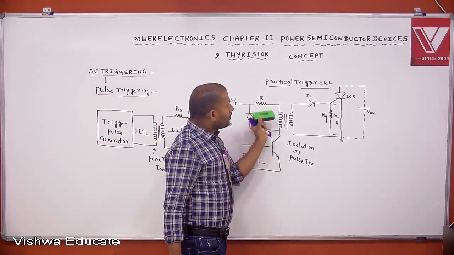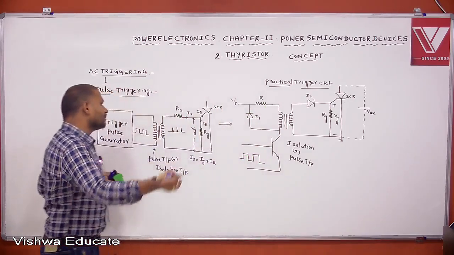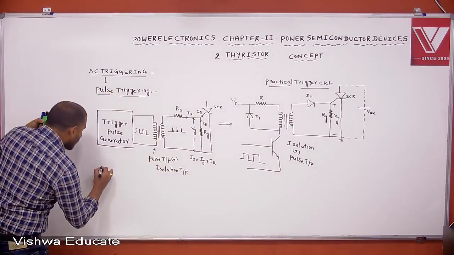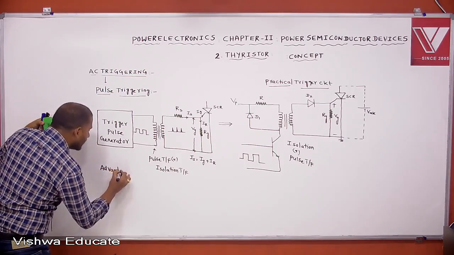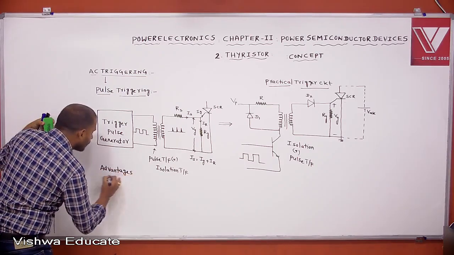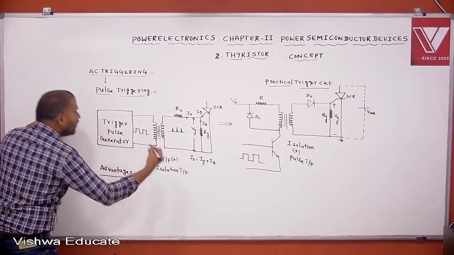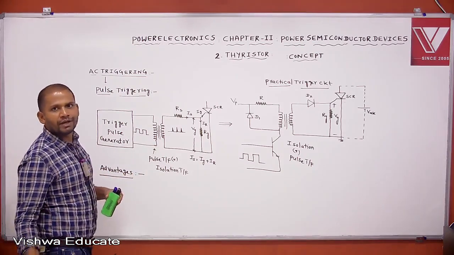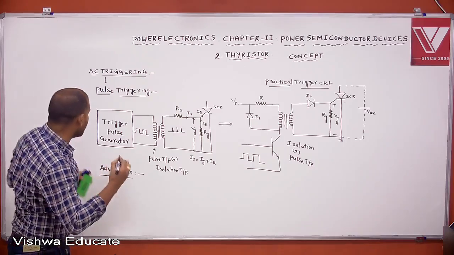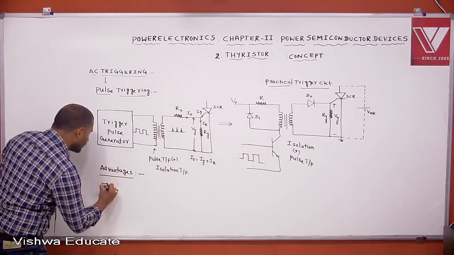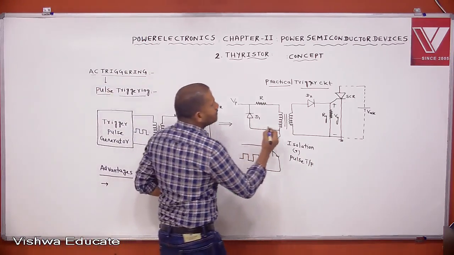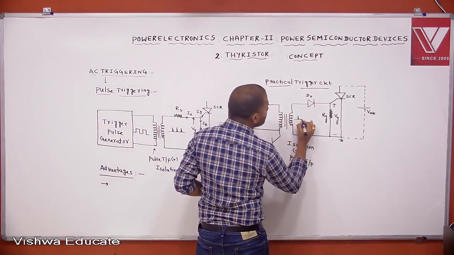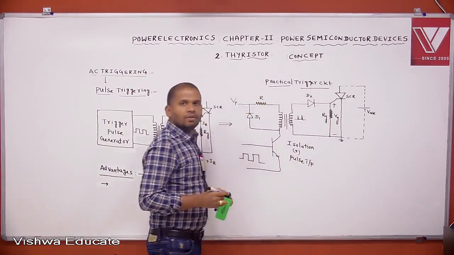Before that, tell me, what is the advantage of AC triggering, pulse triggering? We are generating pulses and giving the pulses to the gate.